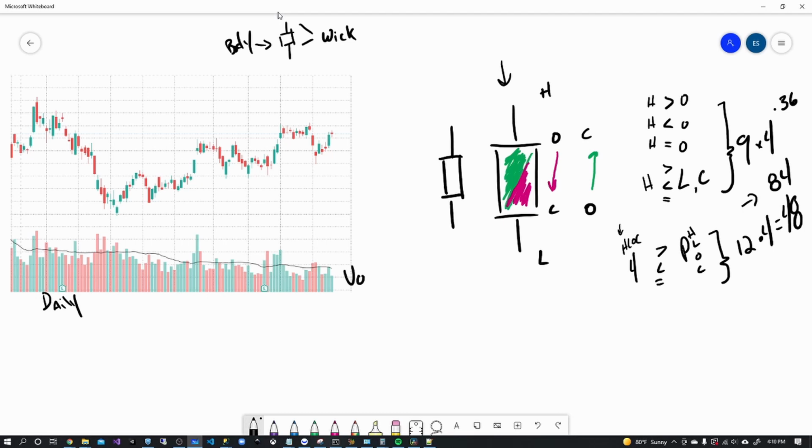And we're not even talking about volume yet. Volume is something that we definitely need to analyze, but 84 distinct calculations just regarding those 4 data points and the comparisons.